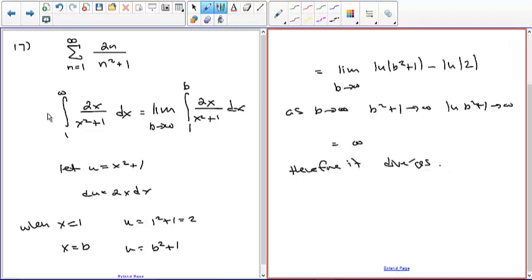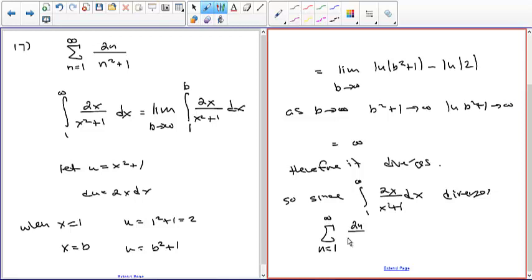So because the integral diverges, the series diverges. So therefore, since the integral from 1 to infinity of 2x divided by x squared plus 1 dx diverges, the series, the summation from n equals 1 to infinity of 2n over n squared plus 1, also diverges.